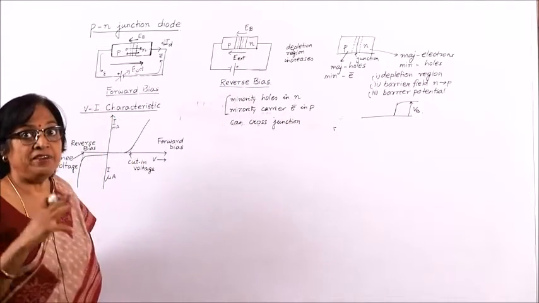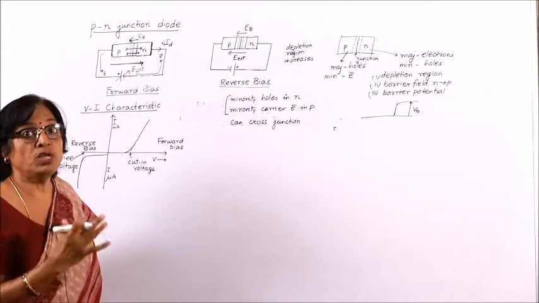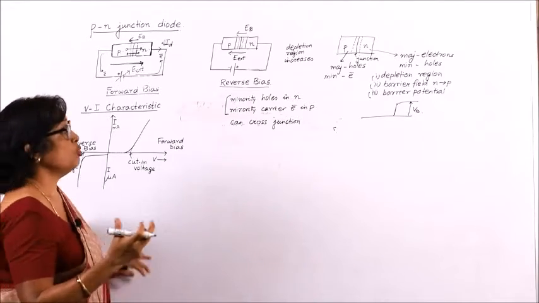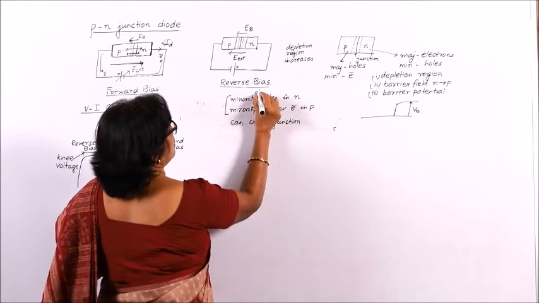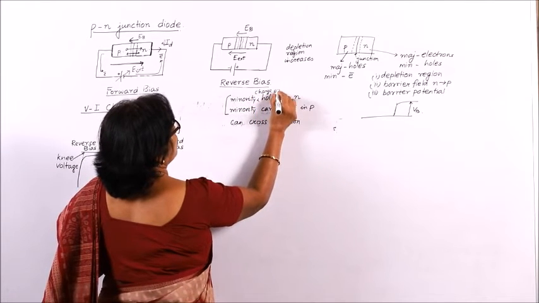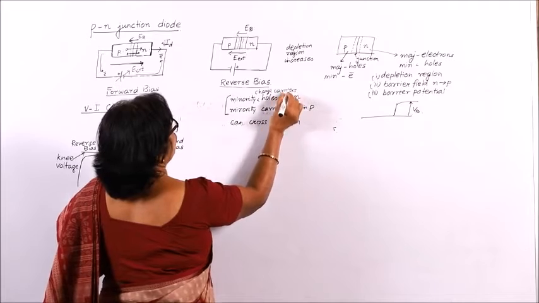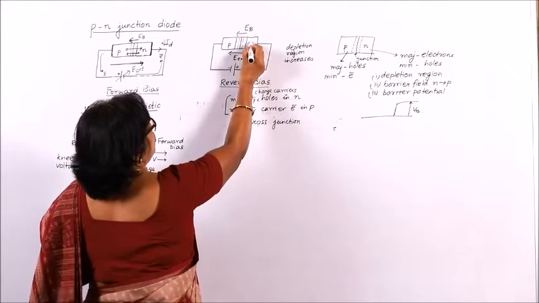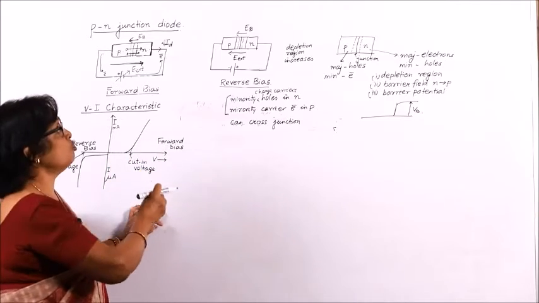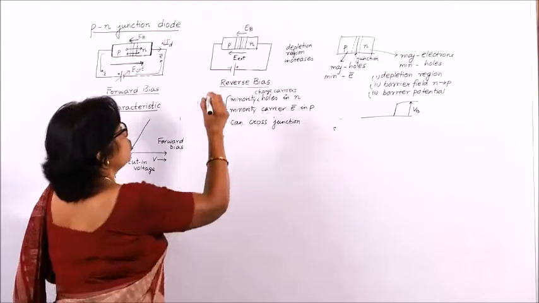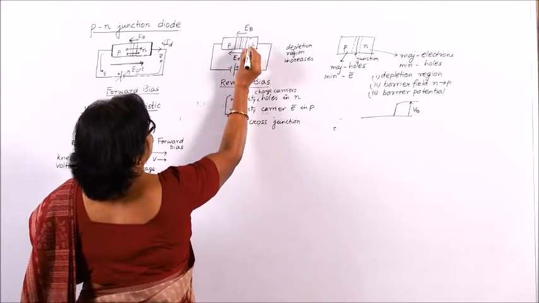The barrier field plus the external field both add up to a large value. So, under this action these minority charge carriers can cross the junction. The holes will move from N to P, and electrons will move from P to N.